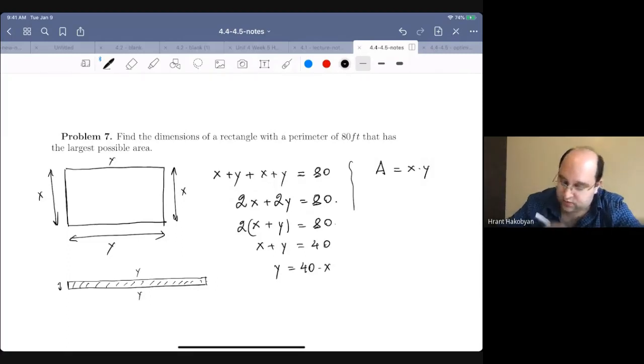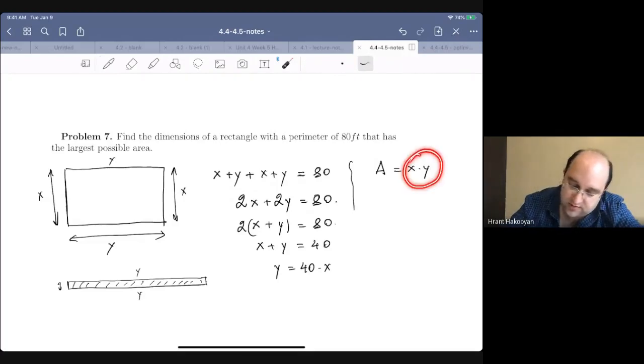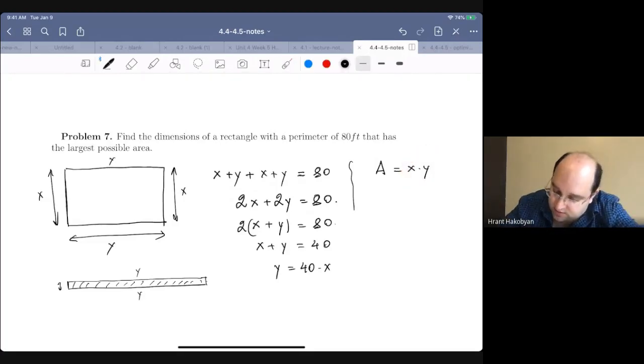Okay, so if I plug that into this equation here, I'm going to get that the area is equal to x times 40 minus x. Okay, so then that's my function, and let me simplify it further. It's easier to do it like this: 40x minus x squared.